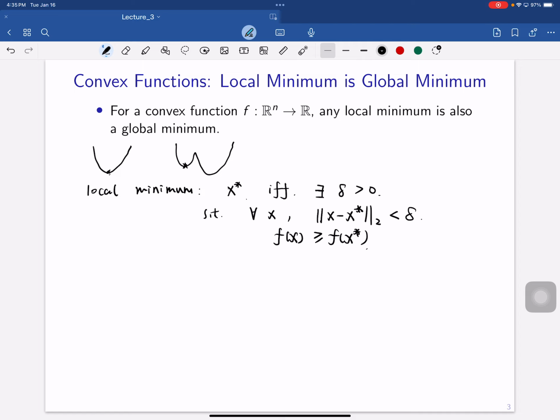So this is the mathematical definition of a local minimum we covered in the previous lecture.